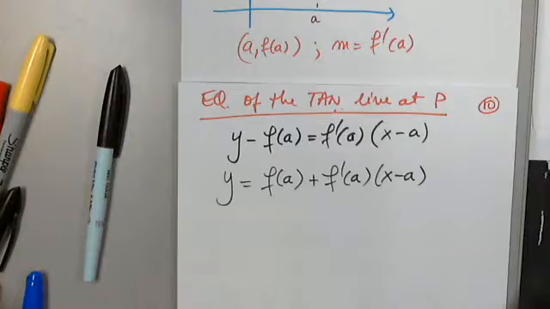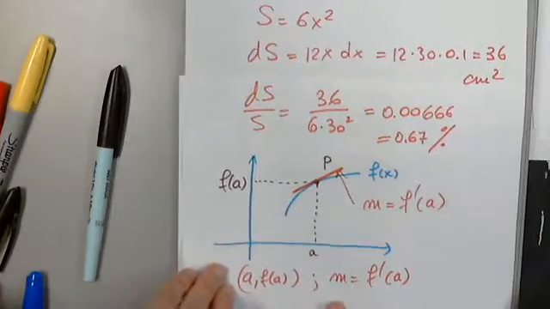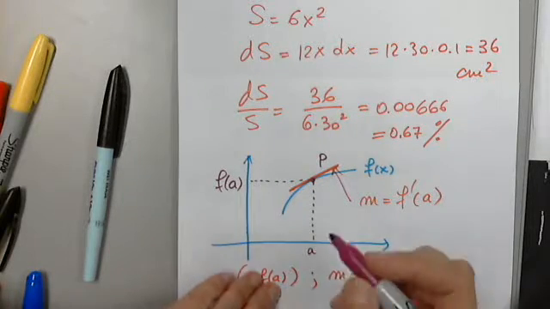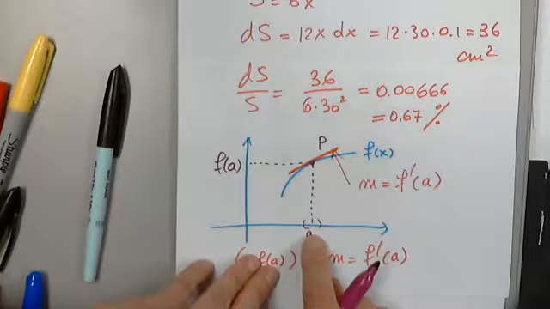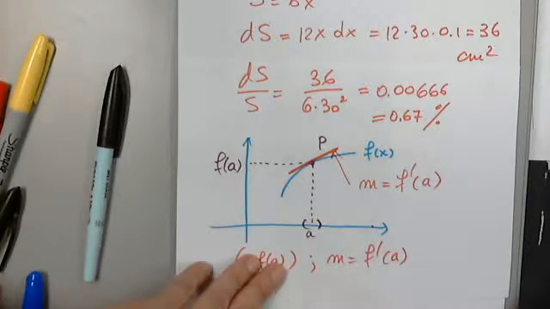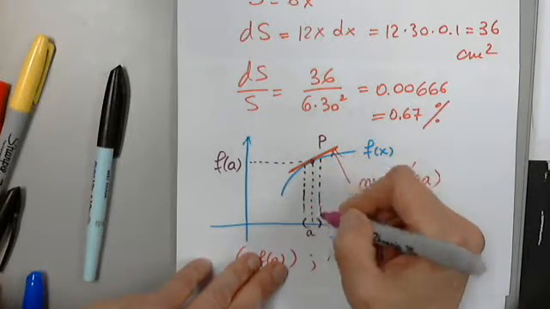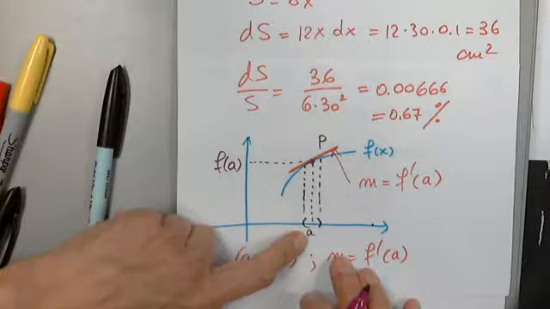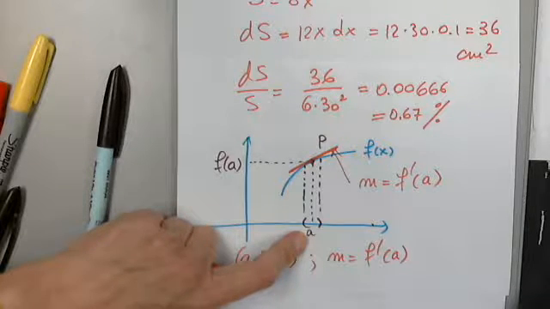Here's the beauty now. Would you agree, before I write it, I want us to agree. If we're really talking about values very close to A like we did before, and this is the interval. And this is the same thing with the cost, the actual difference of C of 201 minus C of 200, and the C prime of 200.